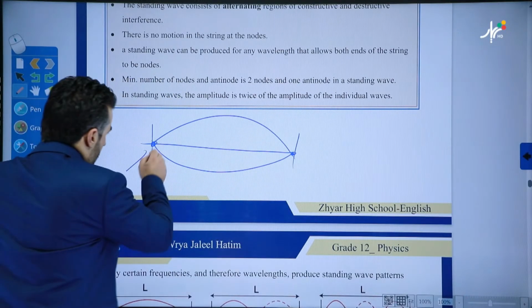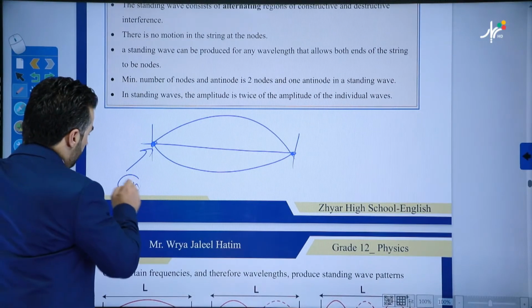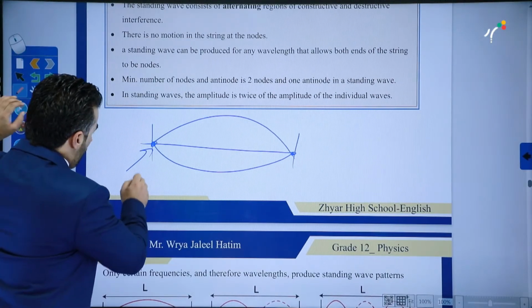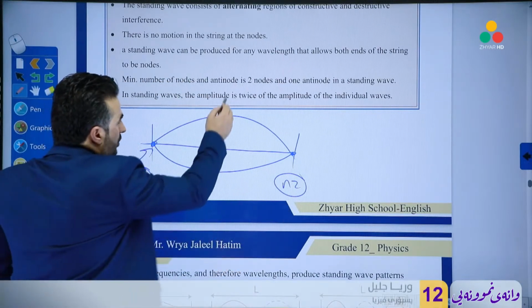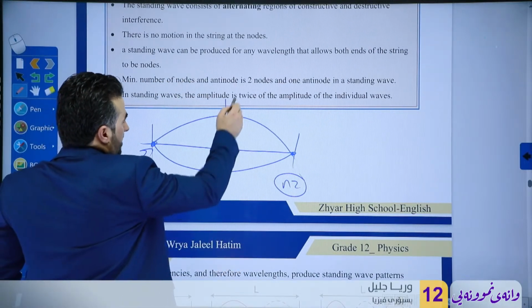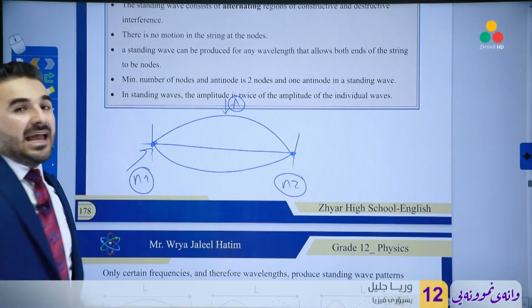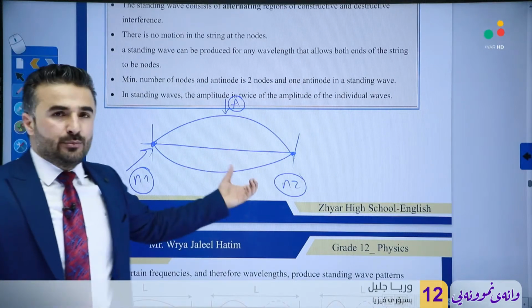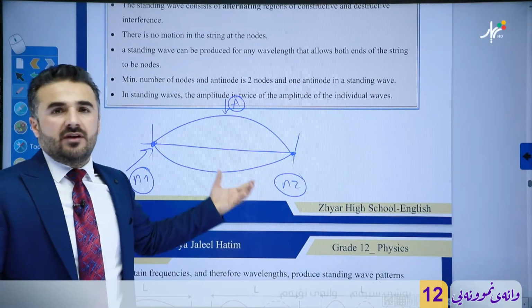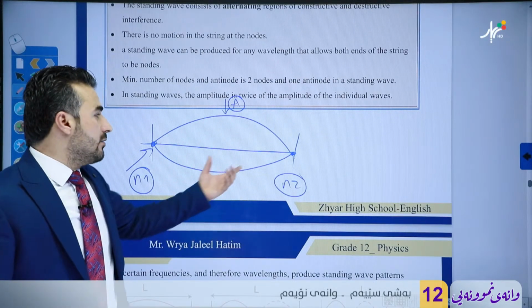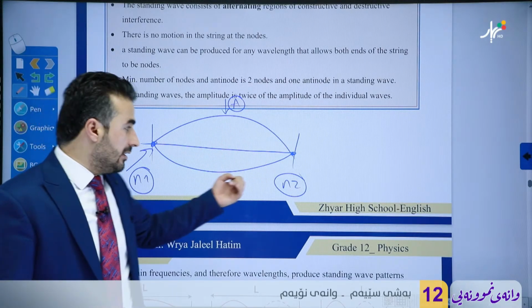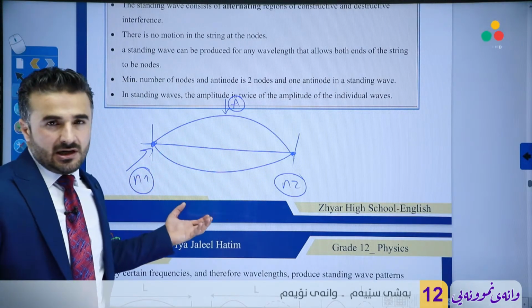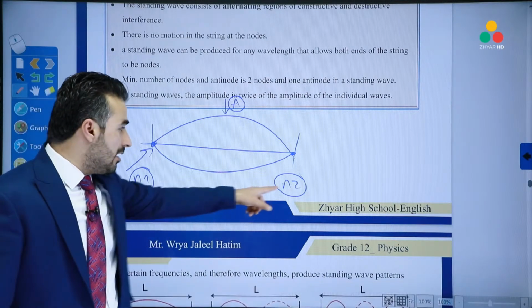So this is one node, let's call it N1, and call this one N2. And here is one antinode, let's say A. So here is one of the simplest standing waves you can ever have. By the way, the wavelength is going to be the largest here. And how many nodes and antinodes do we have? We have two nodes.